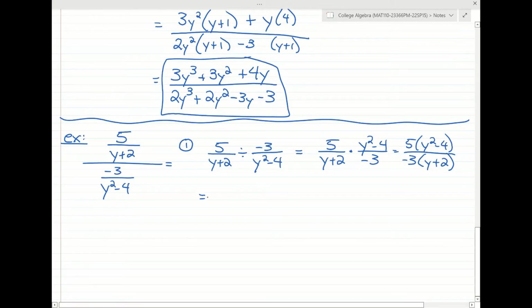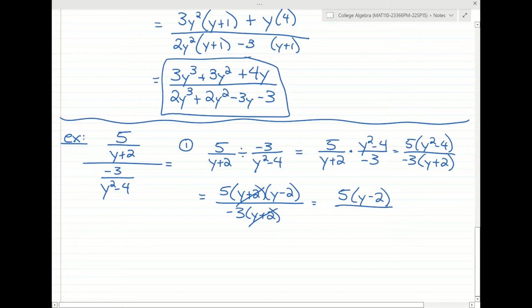The top just turns into 5 times y plus 2 times y minus 2. The bottom stays the same, and we can just cancel out those common factors. The final answer is 5 times y minus 2 divided by negative 3.